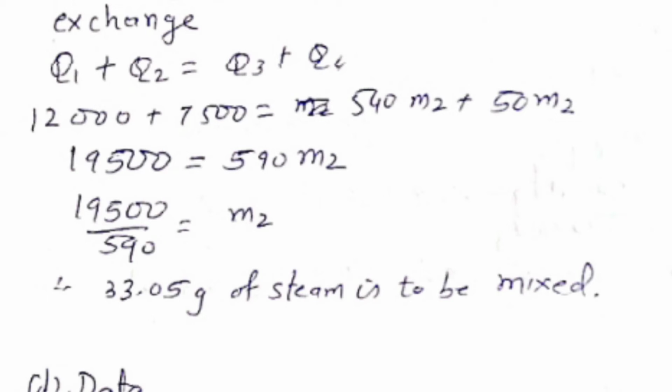So you have 590 M2. Now let us take 590 to the other side. So 19500 upon 590, just divide it and you will get 33.05. So roughly 33 grams you can say. So that much steam is to be mixed.